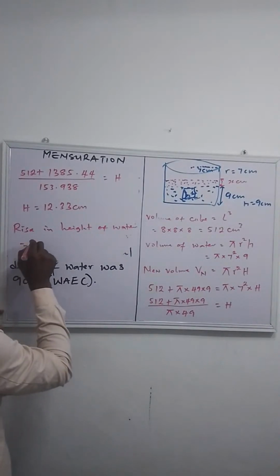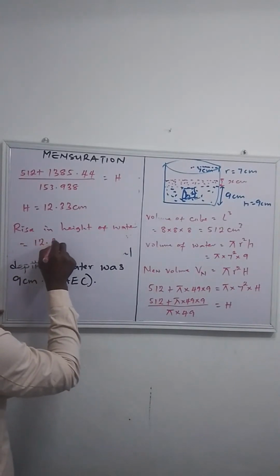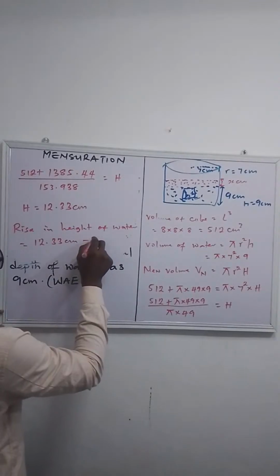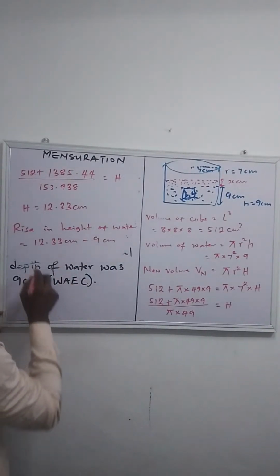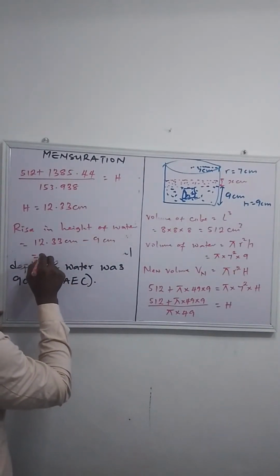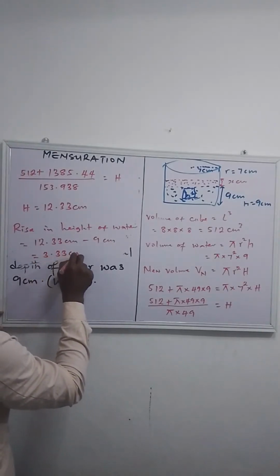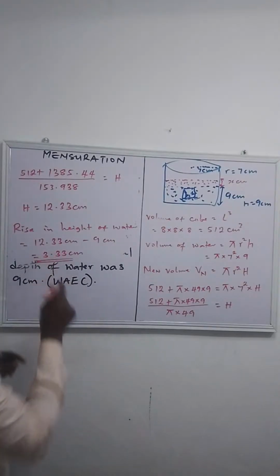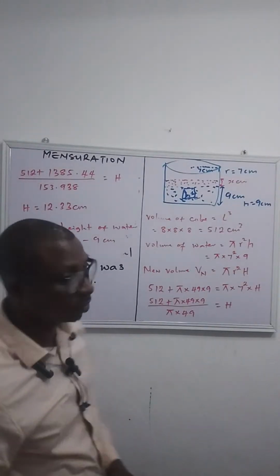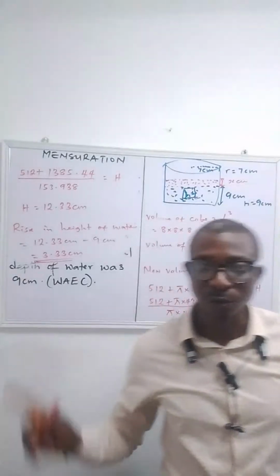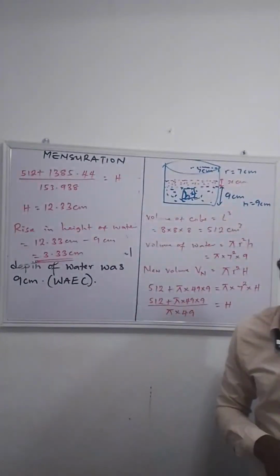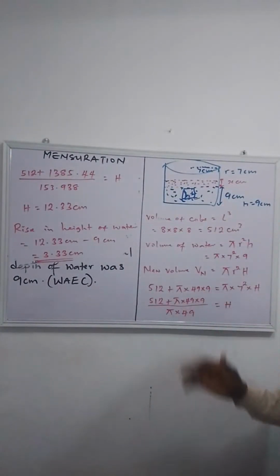Now that gives us 12.33 centimeter minus 9 centimeter. So the answer is 3.33 centimeters. So this is going to be the increase in height of the water when the cube is dropped inside. All right, so I hope you understand this.